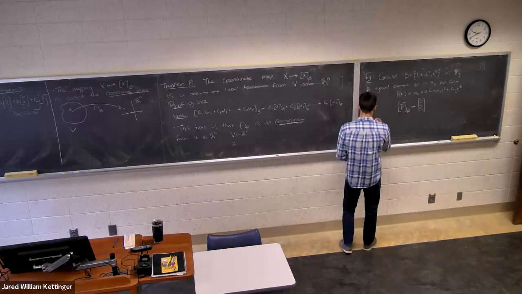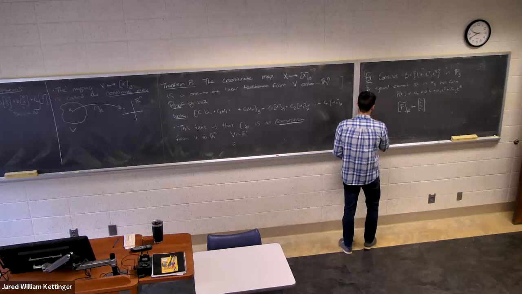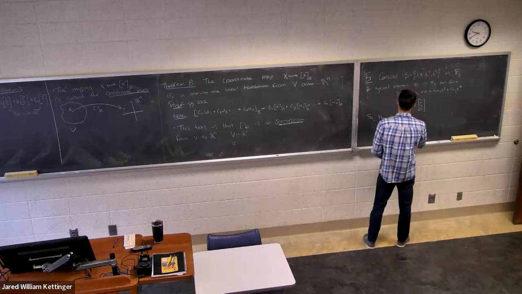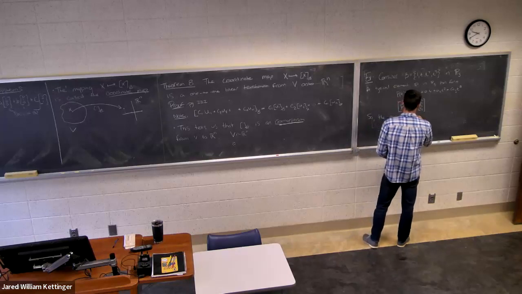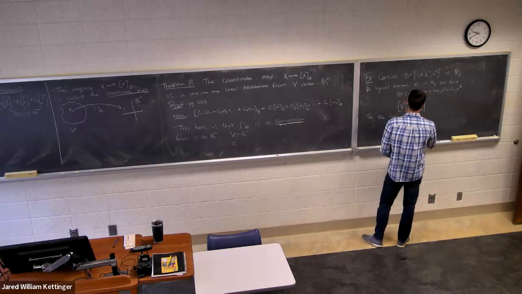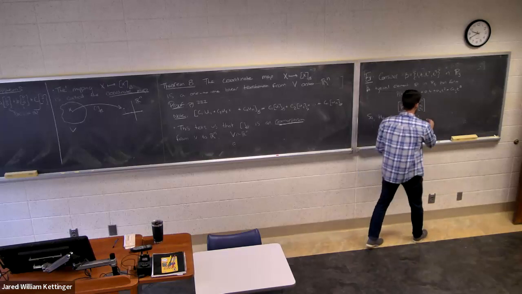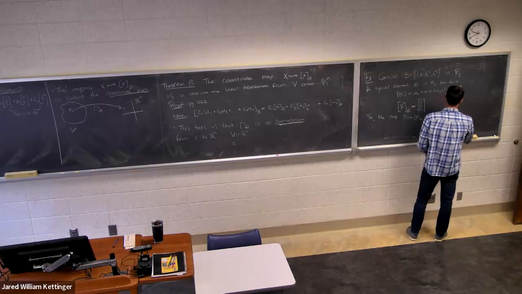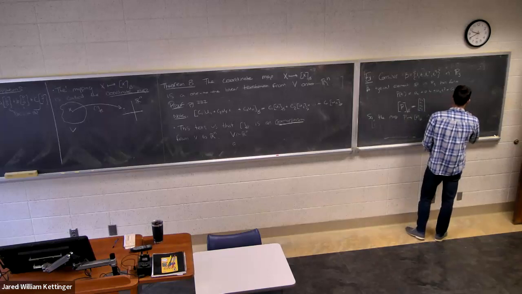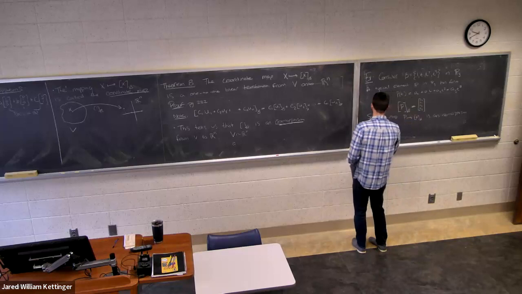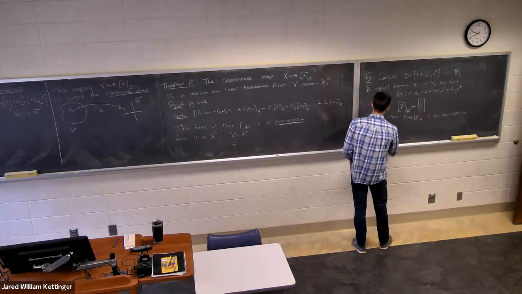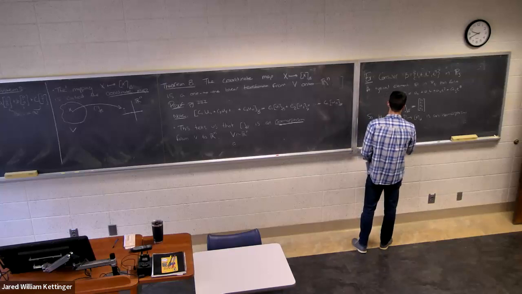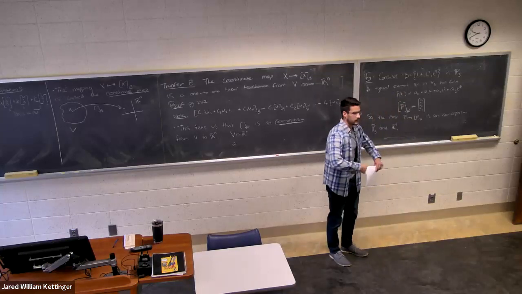So this map, which takes P to its coordinate vector, is an isomorphism between P3 and R4. What this tells us is they're essentially the same thing.